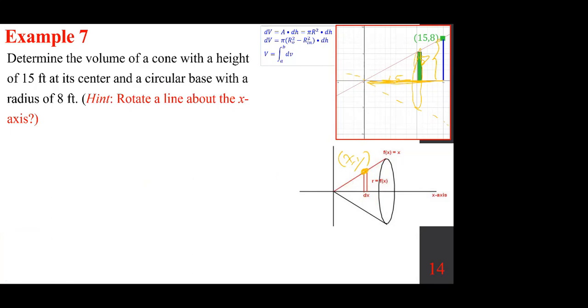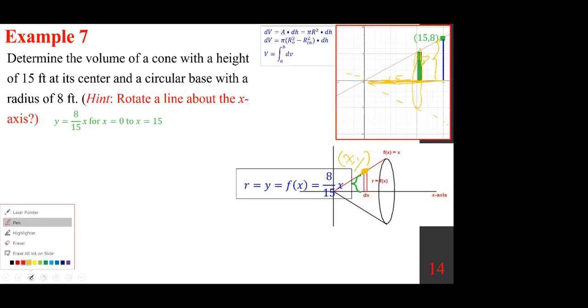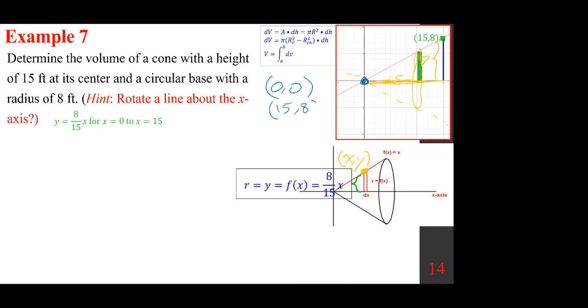The radius is the y coordinate, f of x equals 8 over 15x. So what we discussed is that y is 8 over 15x. I'm assuming you can figure out the following on your own. We have the following pairs. 0, 0 is one pair. 15, 8 is another pair.